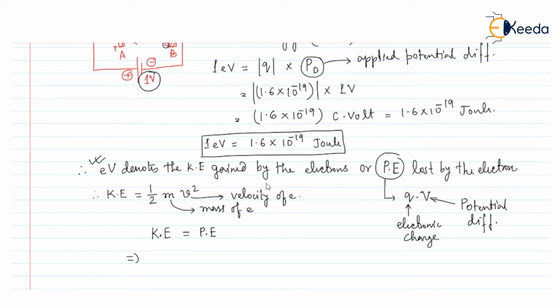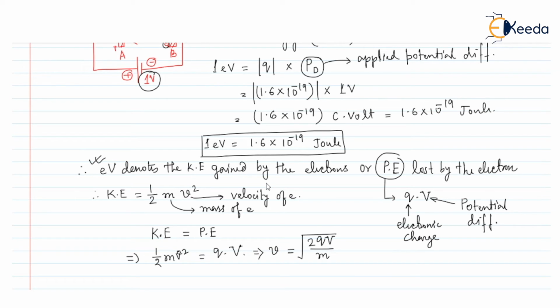So if I put the value of kinetic energy, that is half mv square, and the value of potential energy, Q into capital V, it will be half mv square equals Q into capital V. From this equation, if I find the value of small v, that is the velocity of the electron, small v is equal to the square root of 2qV divided by m.